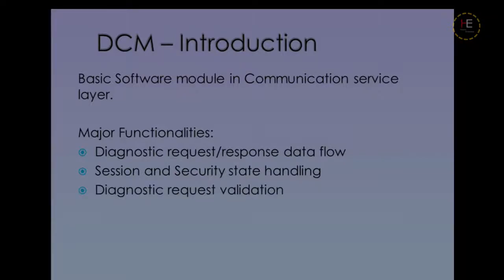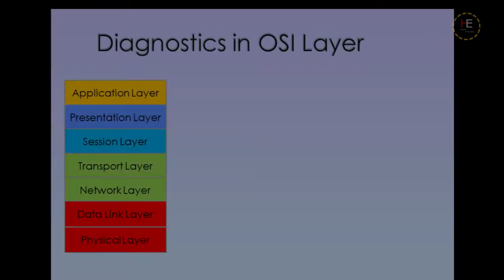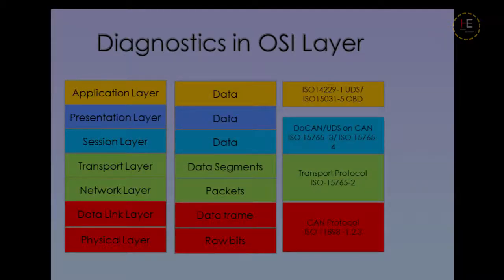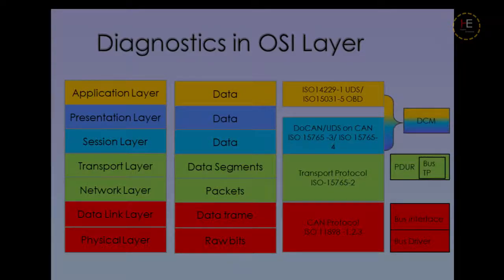So let's check the diagnostics in the OSI layer. The physical and data link layer will be the CAN protocol in the case of a CAN node. So the physical layer and data link layer will come in the bus driver and bus interface module of the diagnostic stack. The next one is the network layer, or transport layer.